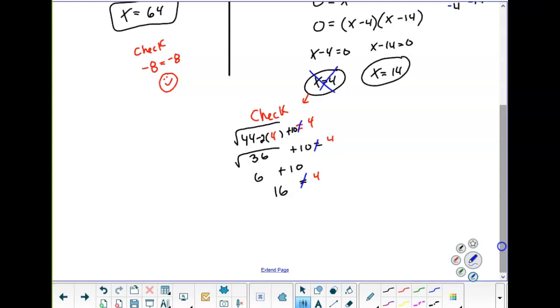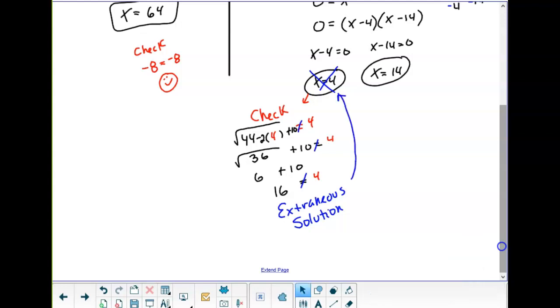It was a solution that appeared mathematically, but when we check it, it produces a false result. So this is called an extraneous solution, which is not part of our actual answer set, because when it's checked, it produces a false result. And that was that special piece that you have to check for extraneous solutions.